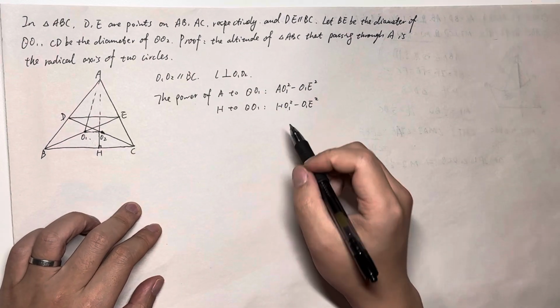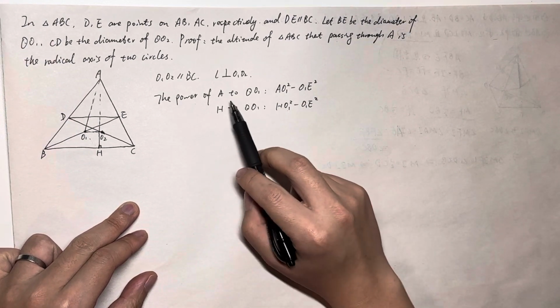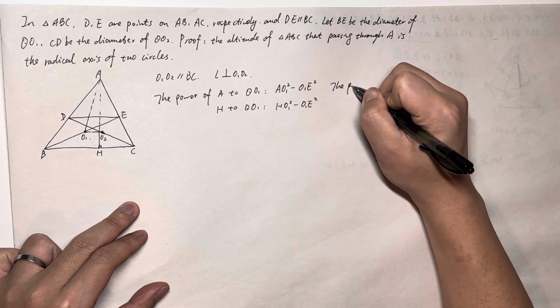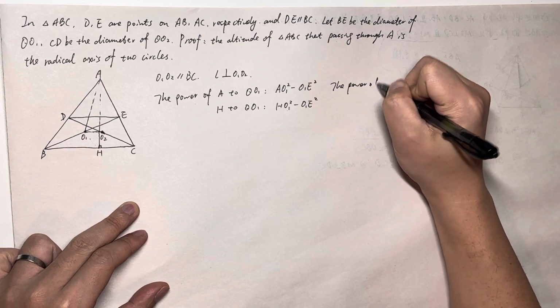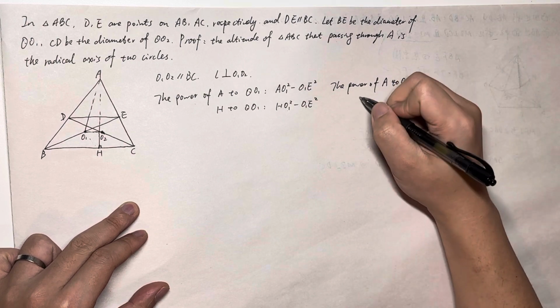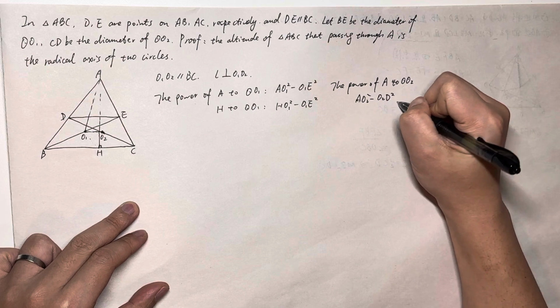Okay, now the problem is clear: we want to calculate the power of A to circle O1, and the power of A to circle O2, which is AO2 squared minus O2D squared.